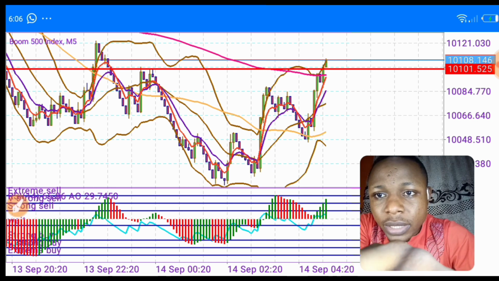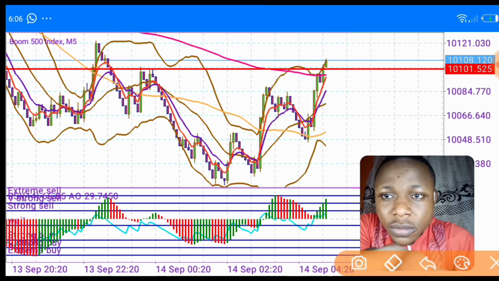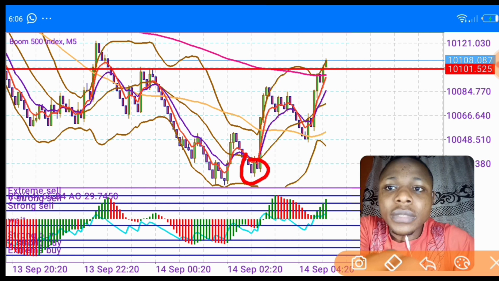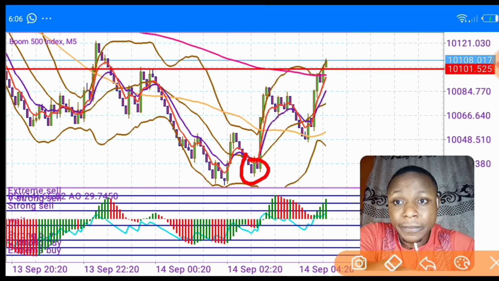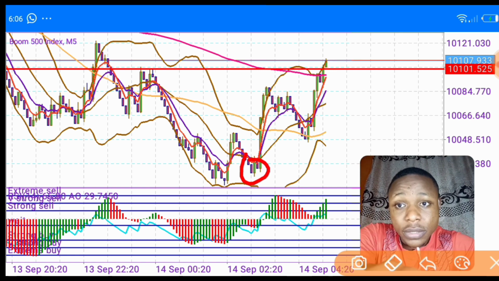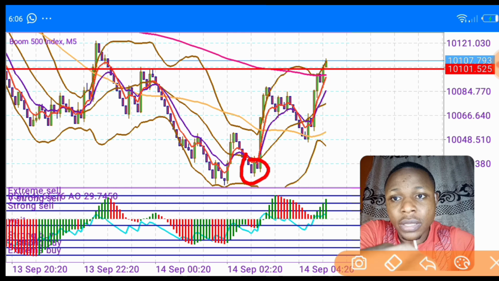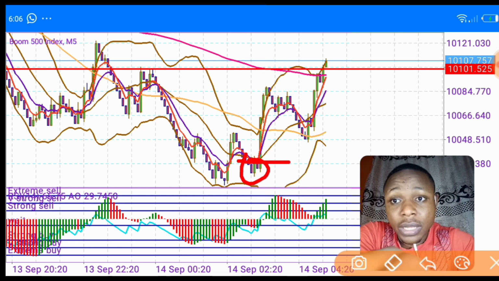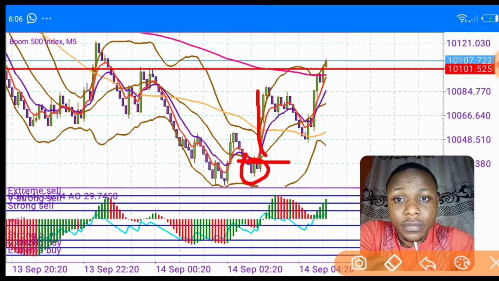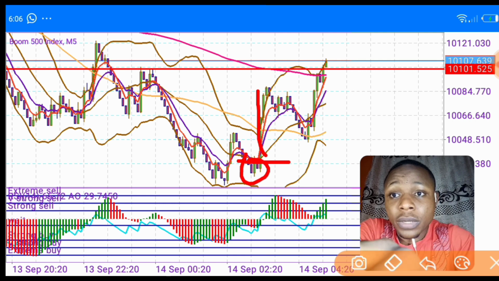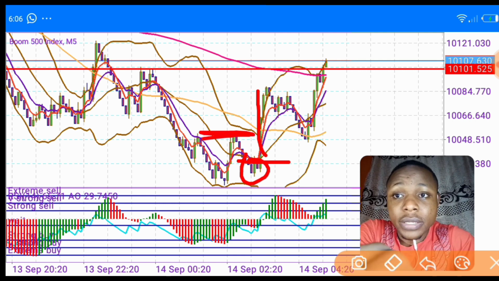So immediately it did this little spike over here, just prepare for a buy. Allow it to trace back a little bit and enter, or better still, you can enter immediately. If you enter immediately at this level, it will definitely come and break this line.